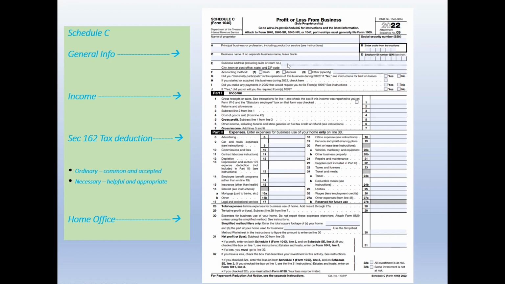Line E is the business address, and F is the accounting method. Most LLCs, unless you carry inventory, may have the accrual method. Most taxpayers have the cash method. On G, if you actively and materially participate in this business, you need to check yes. And on H, if you start or acquire the business during the year, then you check this box as well.